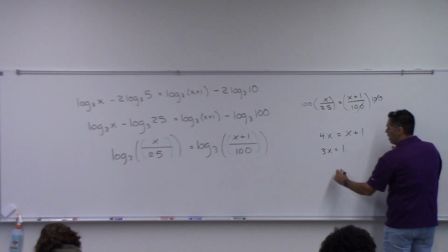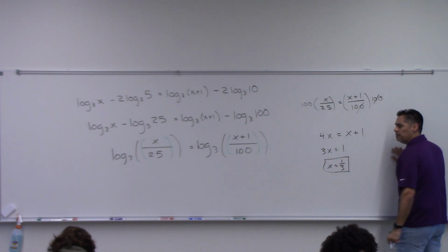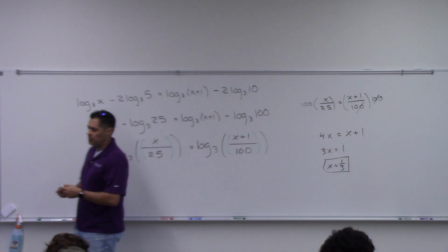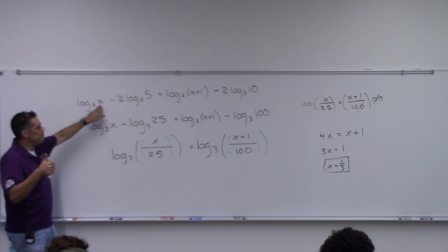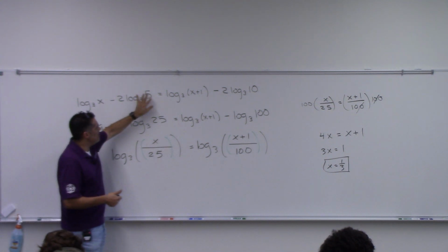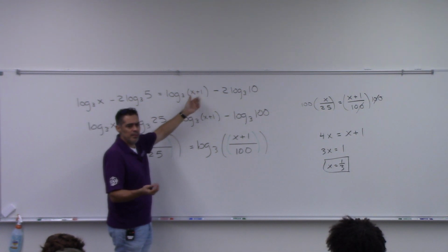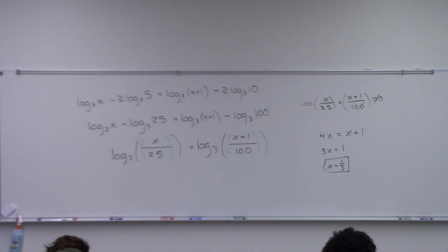And divide both sides by 3. x is 1/3. I think, I don't know, I have to check it. Check my answer. So if I plug 1/3 in here, that's okay, that's a positive number. I don't care about this, this doesn't have x. 1/3 plus 1 is still a positive number, so this should work. Okay.